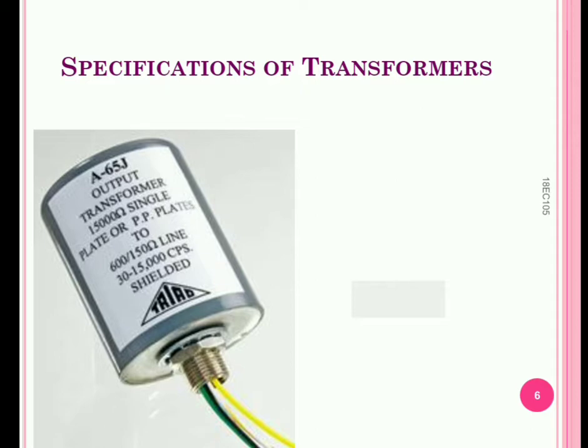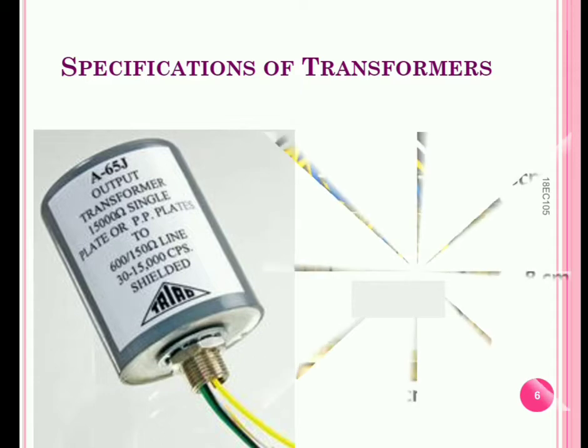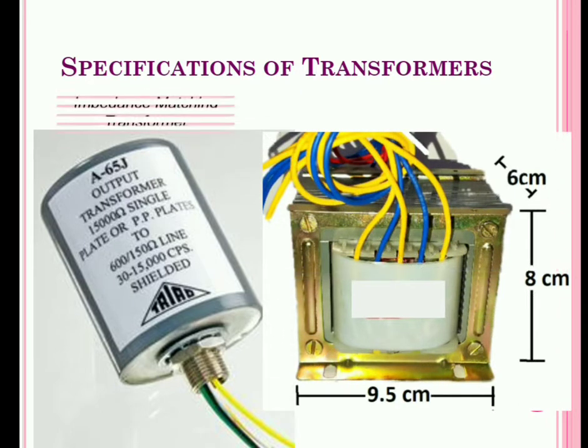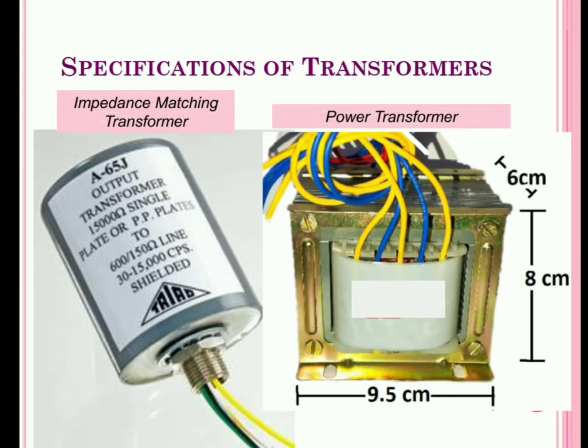That means the output is going to couple to 15,000 ohms, that is 15k, and on the other side with a 600 or 150 ohms line. That means there are two provisions on the other side. So this is like an impedance transformer, for impedance matching.